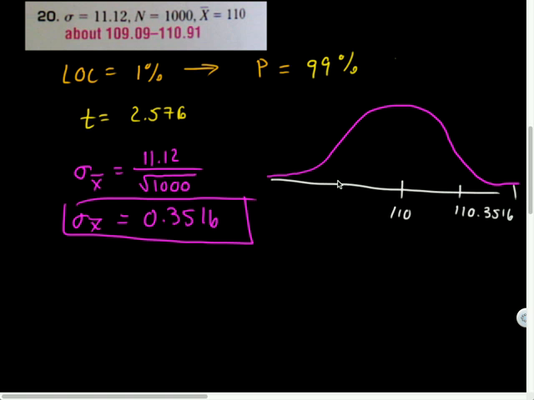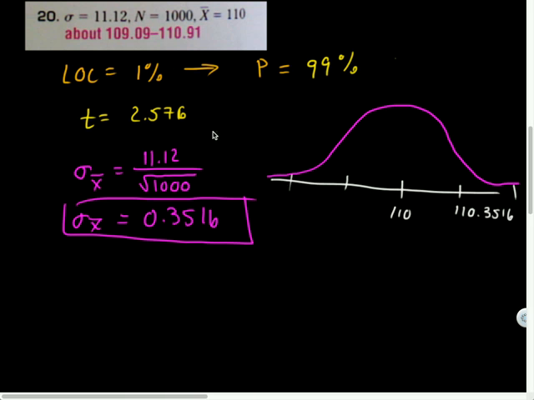So this is not the distribution of data. This is the distribution of possible true mu's. I'm looking for mu, right? Because we're using a sample of a population of 1,000 people and making inferences about the entire population.